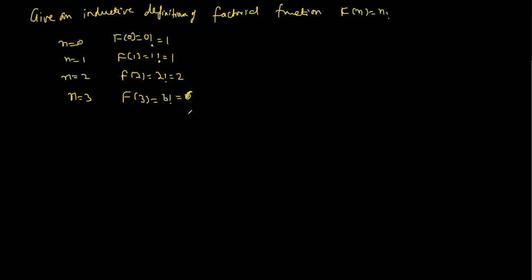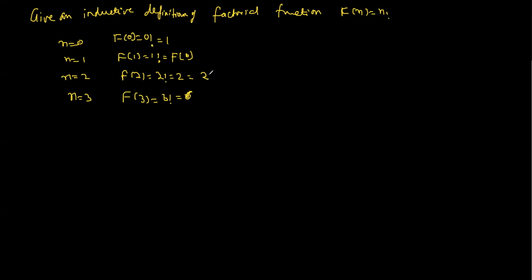Why is this called an inductive function? You can see, yes, you can see the observation. What did you observe here? f of 0. Can you write f of 0? Right.